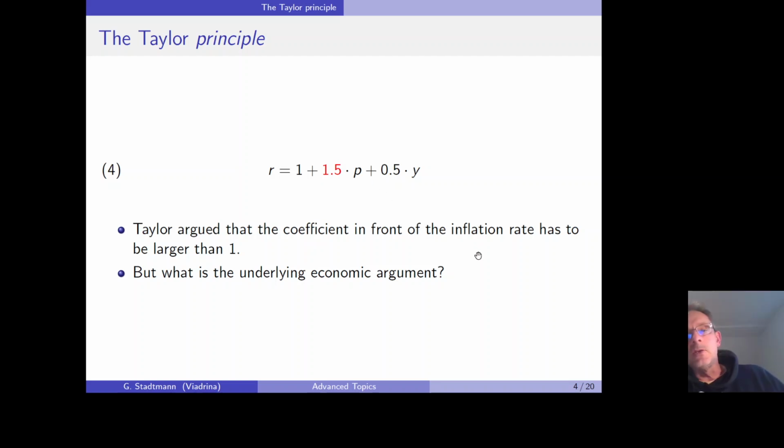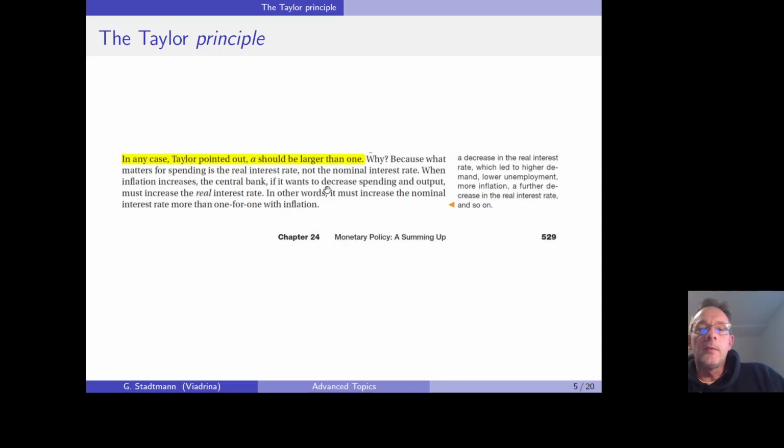Let's have a look into a textbook. This is a Blanchard textbook, and let's have a look. So here Blanchard writes, in any case, Taylor pointed out that the coefficient should be larger than 1, so the coefficient in front of the inflation gap. Why? Because what matters for spending is the real interest rate and not the nominal interest rate.